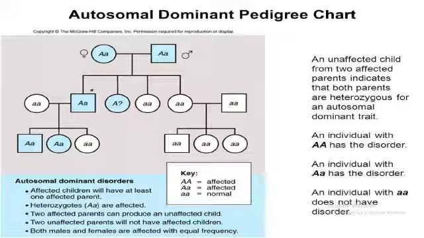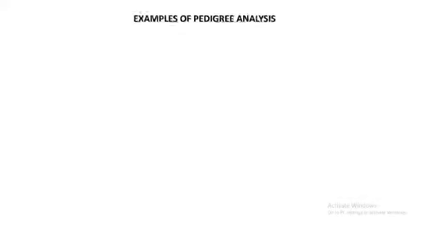Likewise, two unaffected parents will not have an affected child. Two affected parents can produce an unaffected child. So there are different characteristics. You will study this pattern in detail in practical. At present, just try to learn the chart given in your textbook.